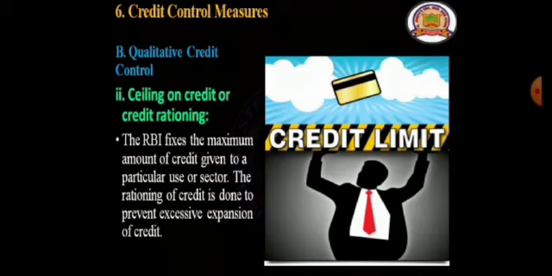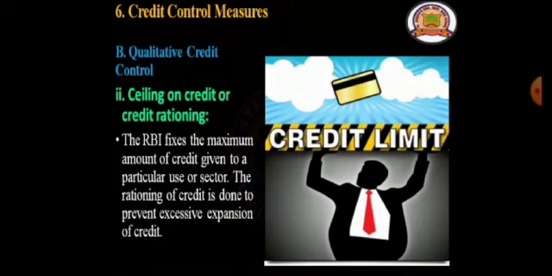So credit rationing is a method by which the central bank seeks to limit the maximum amount of loans and advances, and to fix the ceiling limit for particular categories of loans and advances, so as not to extend any amount of credit to any bank or sector.